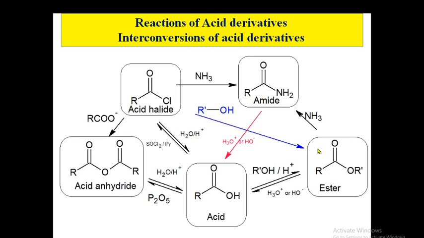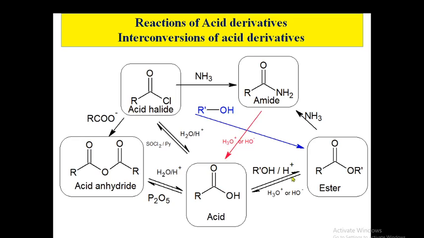Now from esters also you will get the amides by reacting with ammonia. So you require strong conditions here. But when you are taking the acid chlorides, simply warming or shaking that particular reagent you will get the amides. Amides are converted into carboxylic acid by acidic or basic hydrolysis.